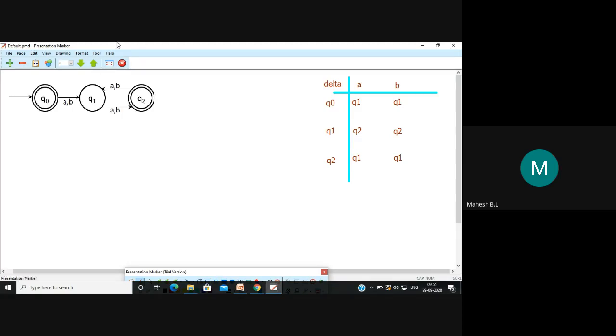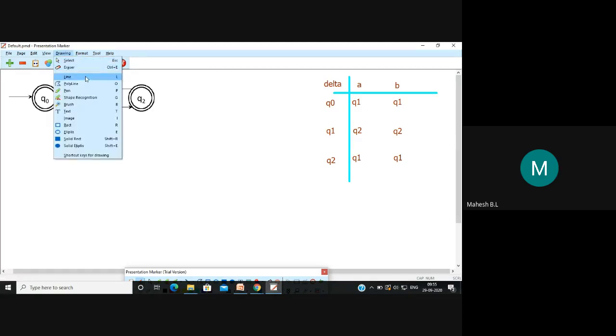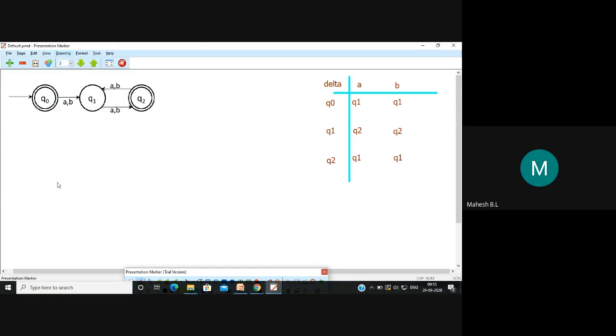So Q1 will be in one equivalence class. All rejecting states are in one equivalence class and all accepting states are in another equivalence class, like this. So we are going to form the equivalence classes like this.